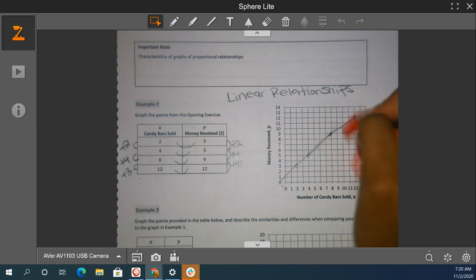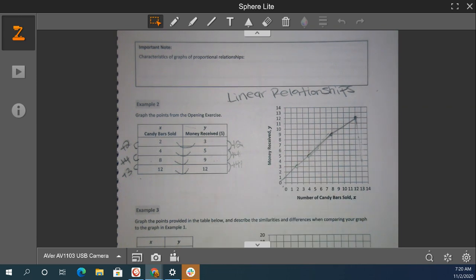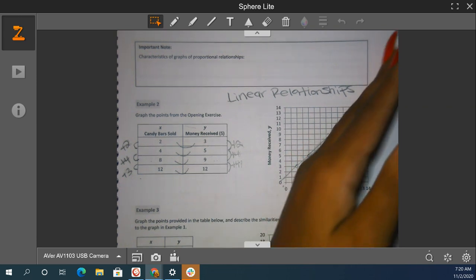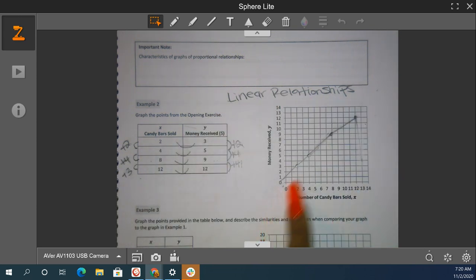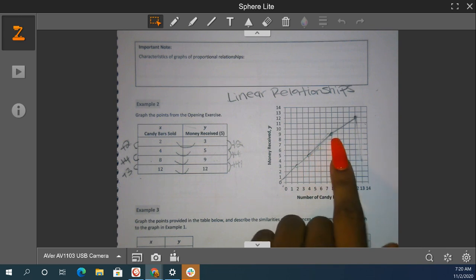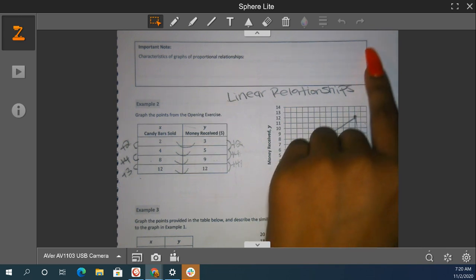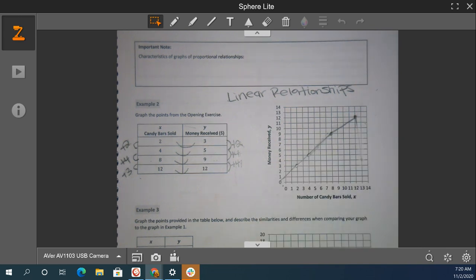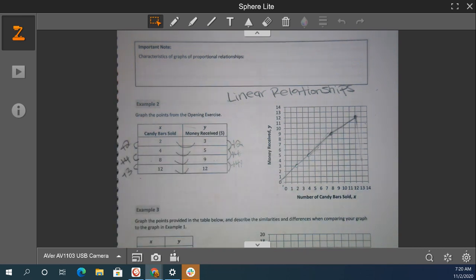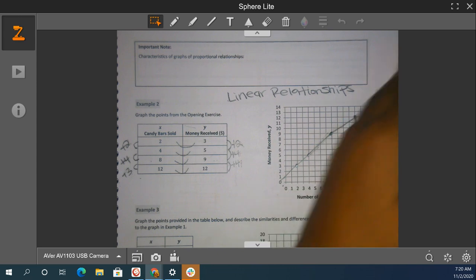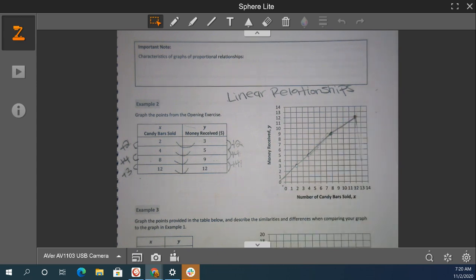So let me erase that. What makes it a linear relationship is that it's constantly going up. It's constantly increasing. Every point that you see plotted is increasing on the graph. And also, with proportional relationships, if it's going through the origin and it's straight, it's increasing. So that's what makes that a linear relationship.